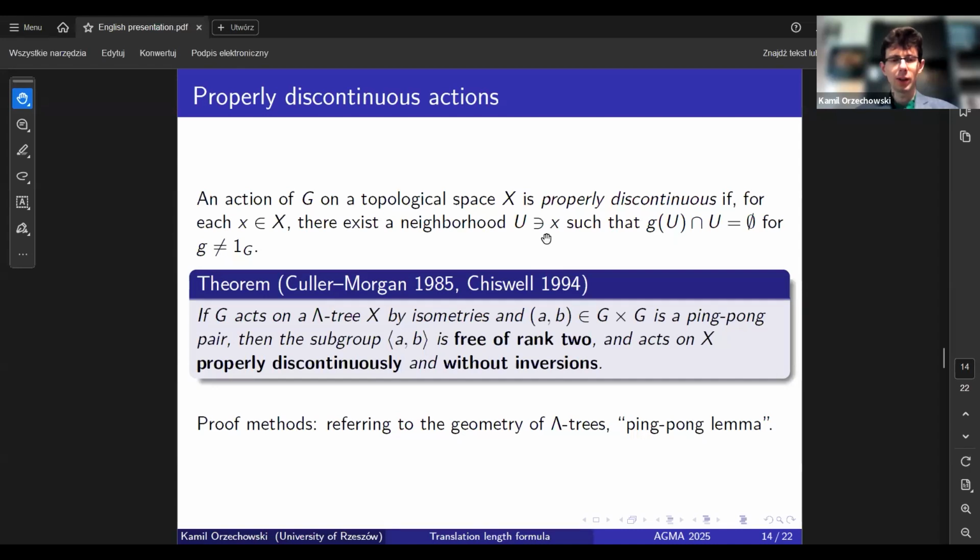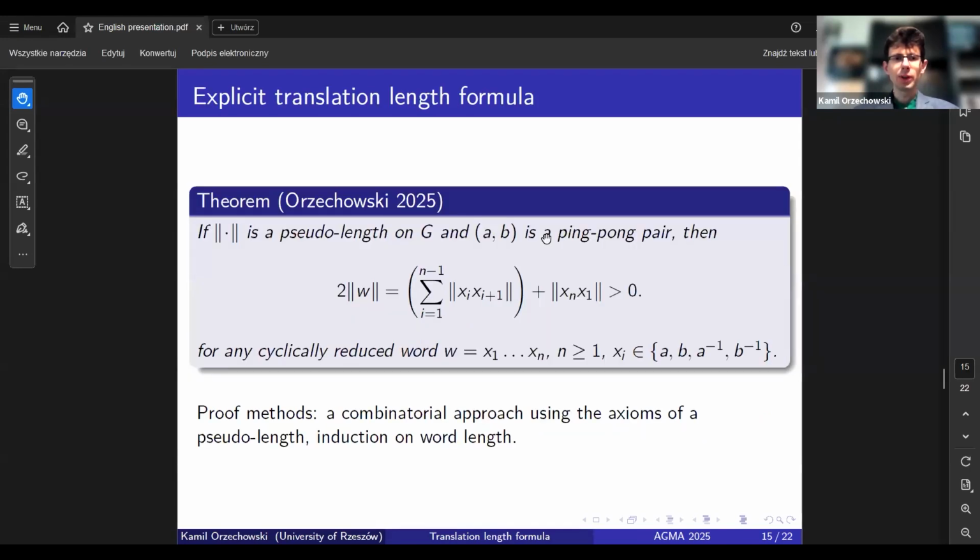The proofs are geometrical. They refer to the geometry of lambda trees. There is much drawing of diagrams, pictures in the proofs, and they make use of the ping-pong lemma to show the freeness of the group.